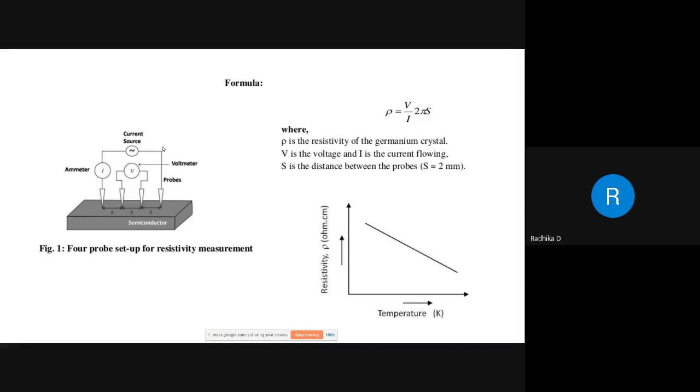Then there is an ammeter, and you're given a constant current source across probe number 1 and 4, the first and last probes. Next, you are measuring the voltage between 2 and 3.